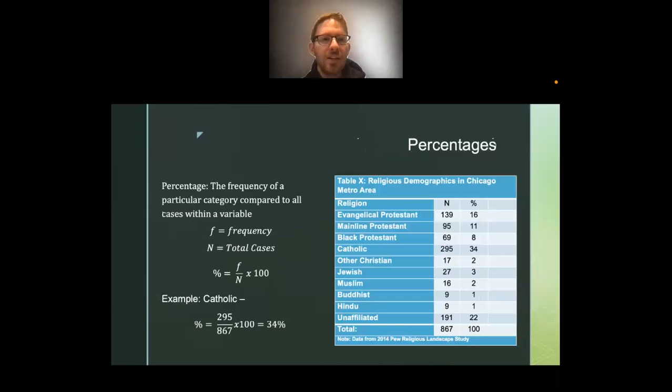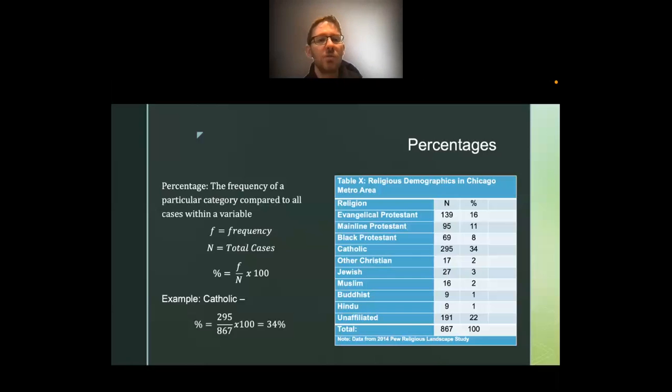A percentage is providing the frequency of a particular category compared to all of the cases within that variable. So that is a really complicated term for something we already intuitively know. It's seeing what is the percent of evangelicals in the total population of the Chicago metro area, right? And so the equation for that is taking the frequency divided by the total number of cases.